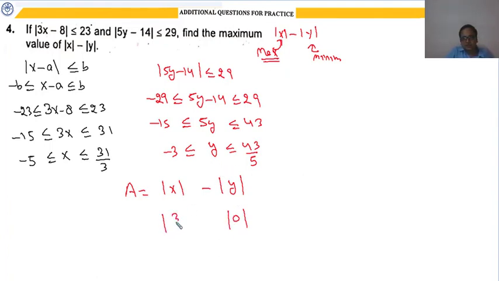And we take the biggest value of x possible, 31 by 3, and we subtract these two. So we get the maximum value of the expression |x| minus |y| as 31 by 3. So indirectly we maximize |x| and minimize |y|, so that |y| gets minimum. We put 0 in that case. Clear?